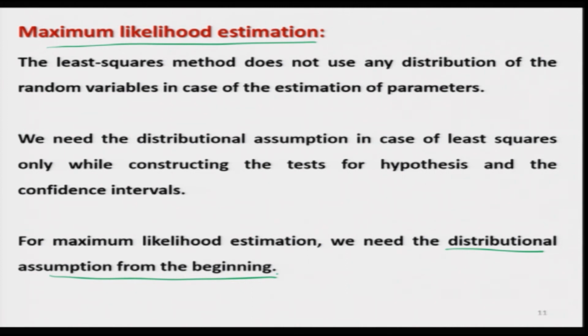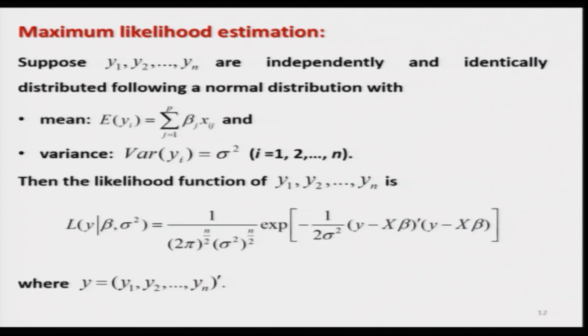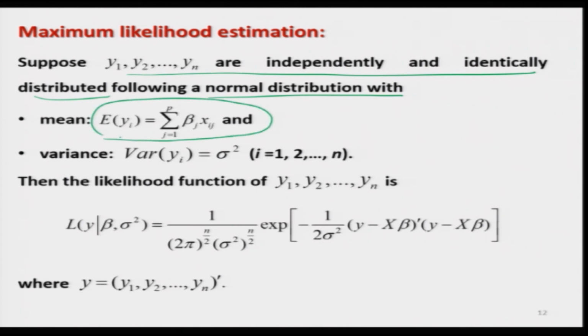So, we assume that y1, y2, ..., yn are independently and identically distributed, that means IID, and they follow a normal distribution with mean, the expected value of yi equal to the summation over j from 1 to p of beta j x i j, and variance, the variance of yi equal to sigma square, for all i from 1 to n.